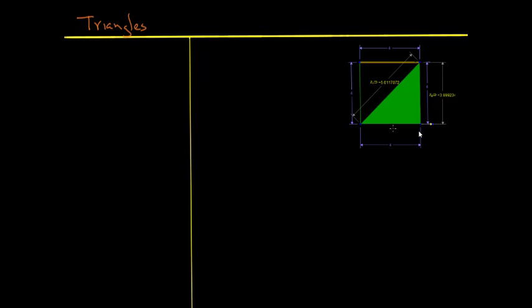If we have sides A, B, and C of our triangle, we can take the square root of S times (S minus A) times (S minus B) times (S minus C) to come up with the area.